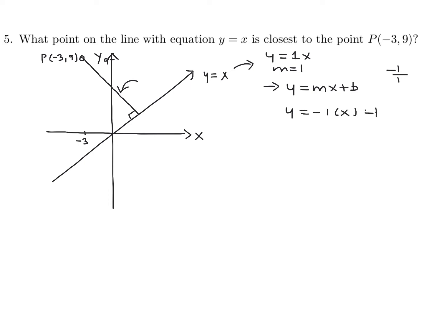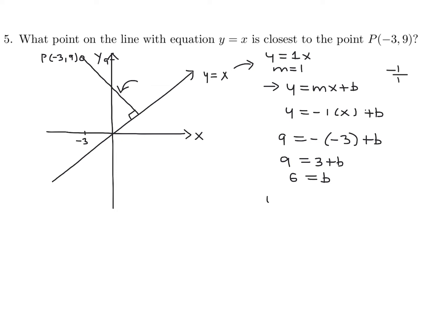plus b. And then that line has this point on it, so we can substitute that point in to get the value of b. So when y is 9, we have x equal to minus 3. That means 9 is equal to 3 plus b, and therefore b is 6.